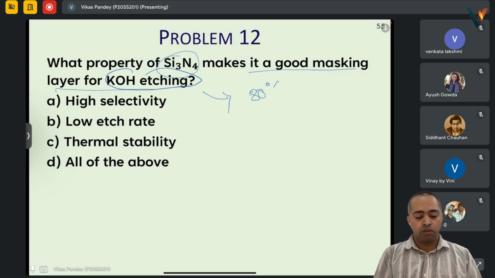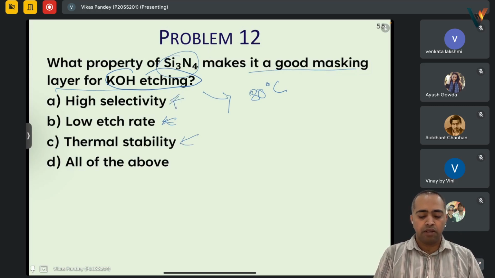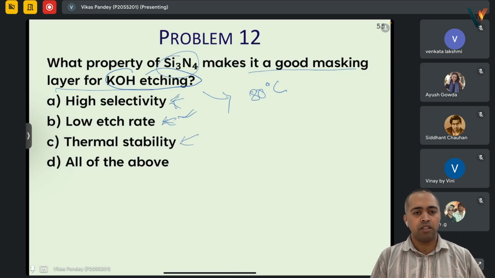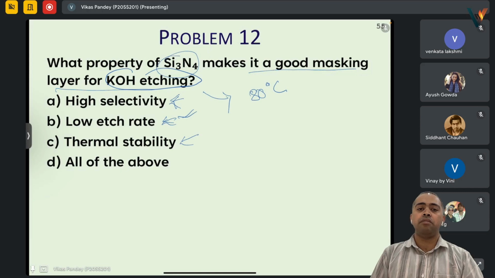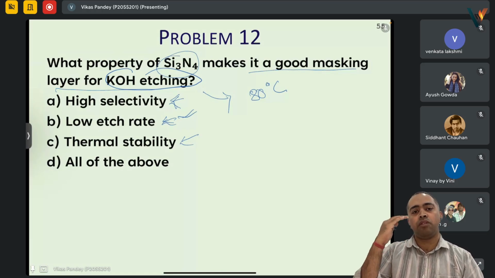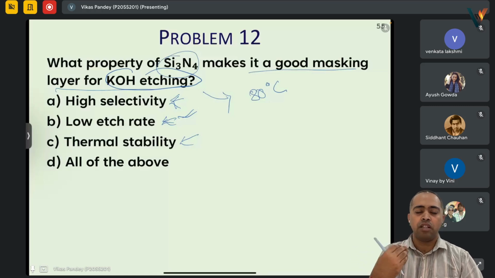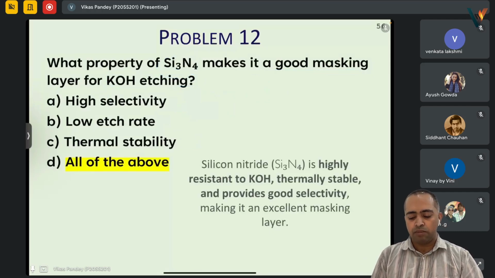So first thing will be lower etch rate. Second, it should be stable at different temperatures and have high selectivity. High selectivity in the sense it will not etch. KOH will be more selective towards silicon and not towards silicon dioxide. So highly resistant to KOH, thereby stable and providing good selectivity, making an excellent masking layer.